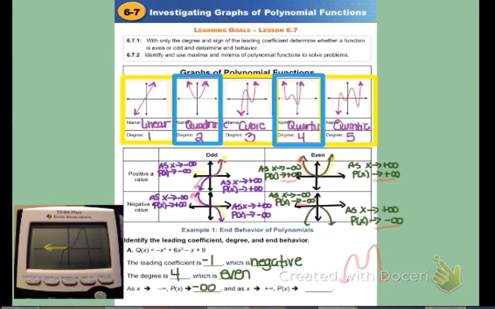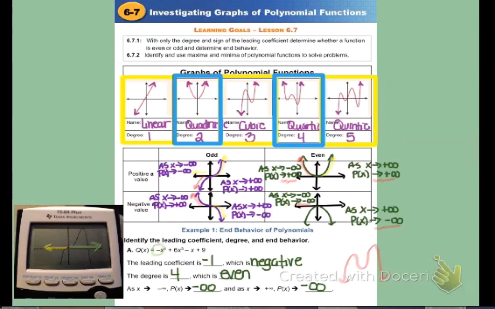And then if we look over where x values are approaching positive infinity, in other words, values of x are getting bigger, we go to the right of the y-axis, and you can see that the graph is facing down as well, so it's approaching negative infinity. And remember, this is an even function. The leading coefficient is negative, right here it was a negative 1. And so these are in agreement and approaching negative infinity.